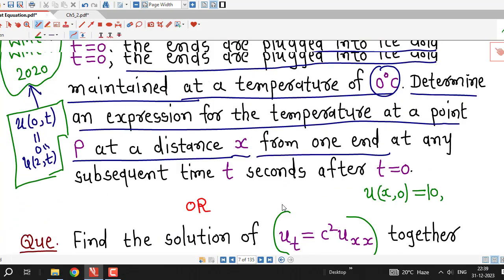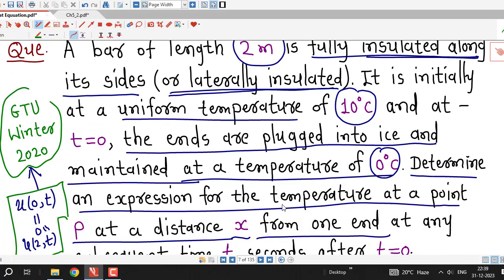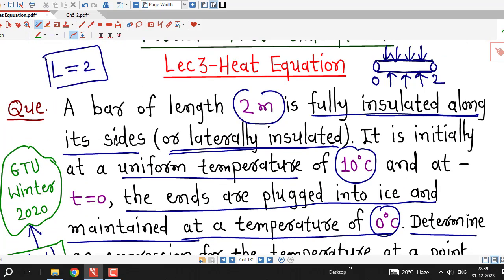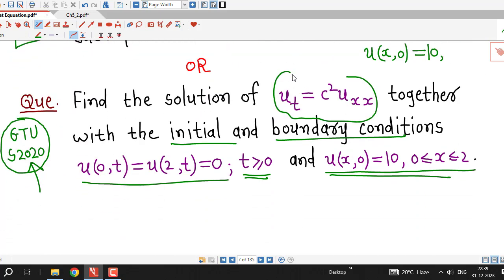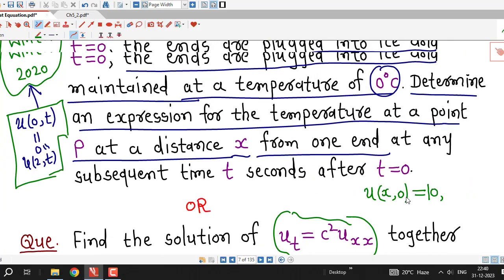So the same question can be asked in different ways. Here they have written the same problem in a descriptive way, and here they have written that find the solution of the heat equation satisfying these two boundary conditions and this initial condition.